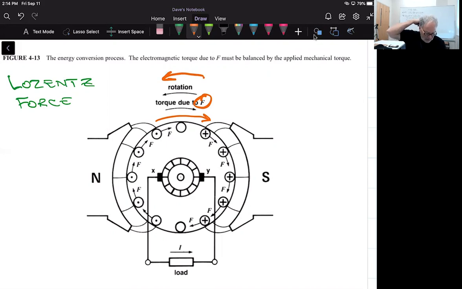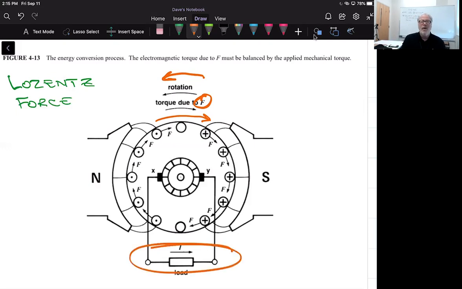This resulting mechanical power that we have to supply to keep this generator rotating, to oppose the electromagnetic torque, is the mechanical energy input. And this mechanical power is converted to electrical power, and that's what we end up delivering ultimately to the load.